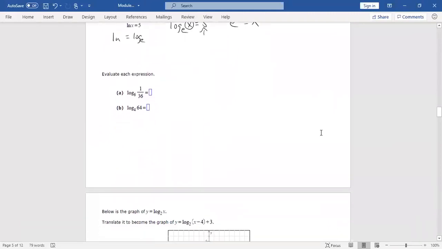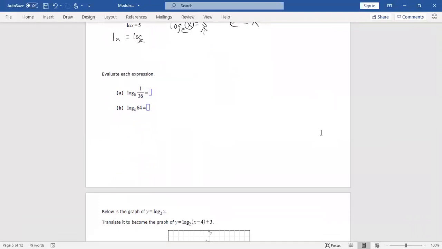Now let's evaluate a couple of logarithms, and we're going to discuss 2 different ways to do this. One, we're going to try to express the answer, the 1/36 in the first example, as 6 raised to some power.